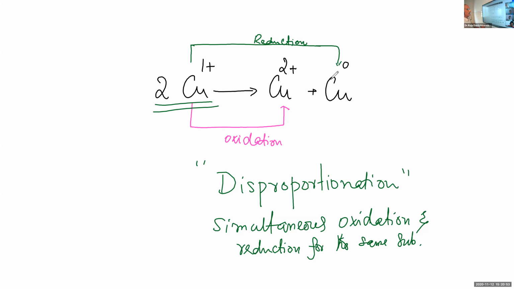One ion increases in oxidation number, and for the other ion there is a decrease in the oxidation number. And such a change for one and the same reactant, one and the same substance, is called a disproportionation reaction.